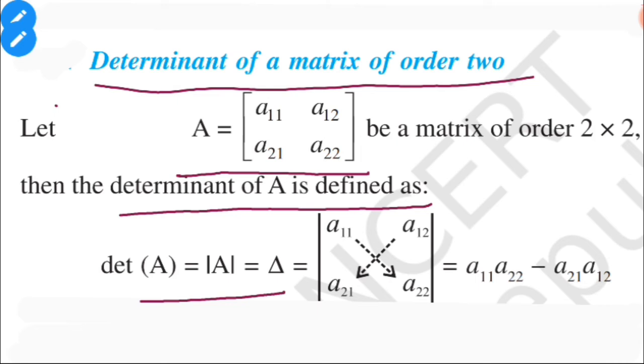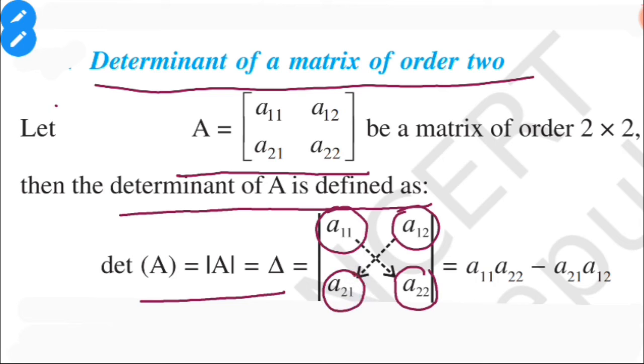So here to find the determinant, just multiply crossly, that is multiply a11 with a22, cross multiplication, minus multiply a12 with a21.